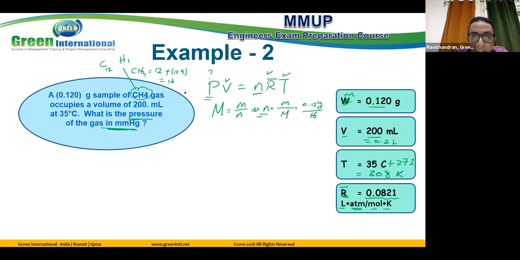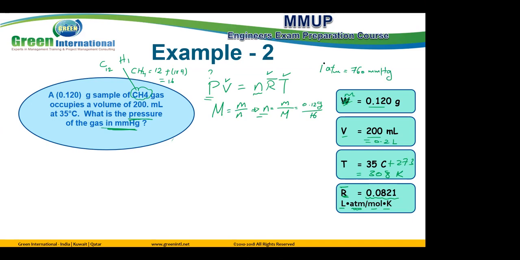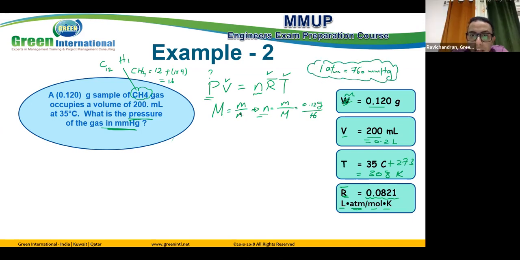So once you get the pressure in atmosphere, change it to millimeter mercury. How do we change from atmosphere to millimeter mercury? It's not in a converter, but it's an easy conversion. 1 atmosphere, as we know, is equal to 760 millimeter mercury. This is a famous conversion.